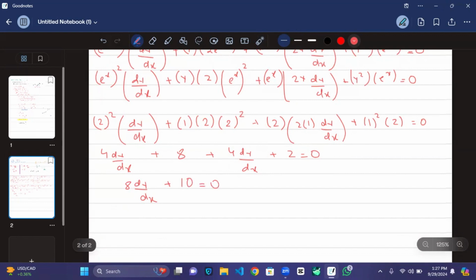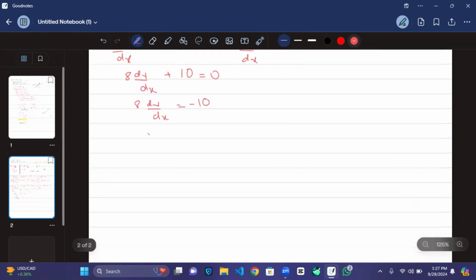Now let's take 10 to the other side, it will be 8 dy over dx is equal to minus 10. Then dy over dx is equal to minus 10 divided by 8. It will be 2 4s are 8 and 2 5s are 10. So dy over dx is equal to minus 5 over 4.